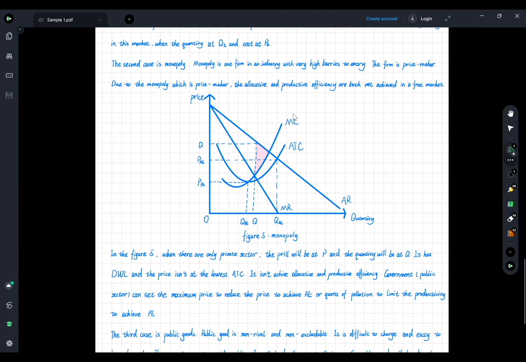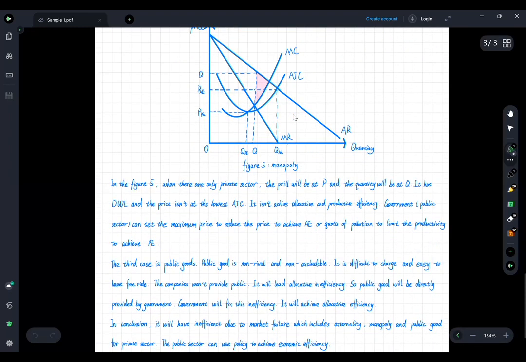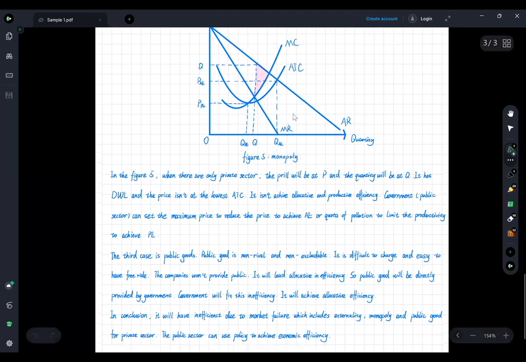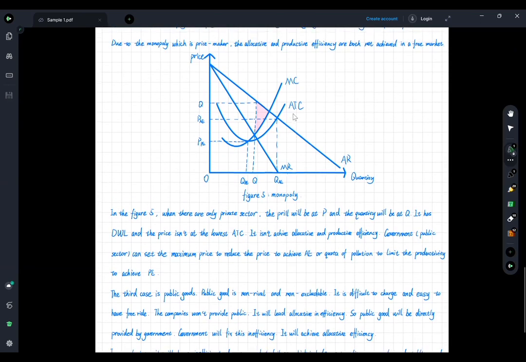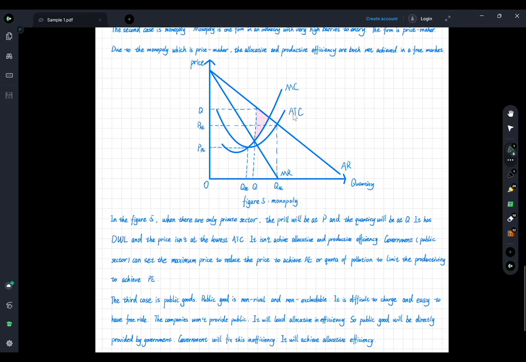As an improvement, maybe he can include quick headings when he's explaining the public goods case and the monopoly case. Also, he has straight away written DWL without writing even once that it's a deadweight loss. It's a very small mistake, but still it needs to be done. And overall, it's a good one.